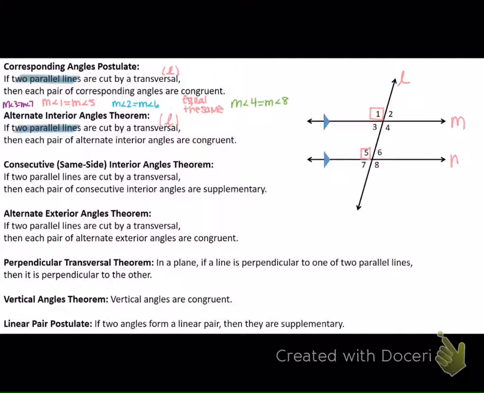Greg? 3 and 6. So alternate, 3 and 6 are on opposite sides of the line. 3 is touching parallel M. 6 is touching N, right? So they're touching two different lines, and they're on opposite sides, and they're inside the lines. So we're saying those two are congruent. So the measure of angle 3 equals the measure of angle 6.